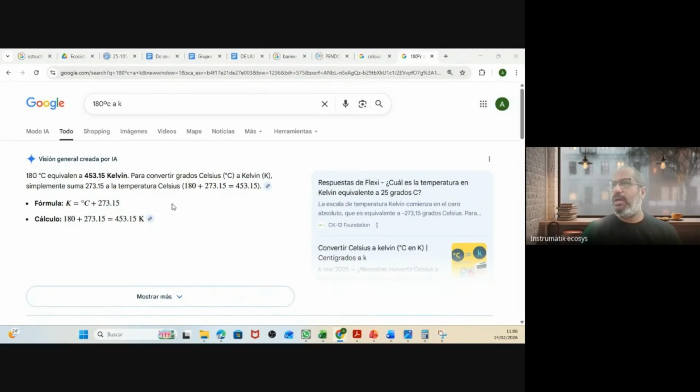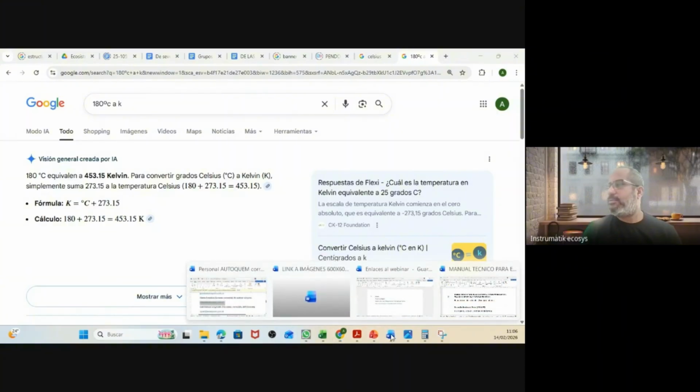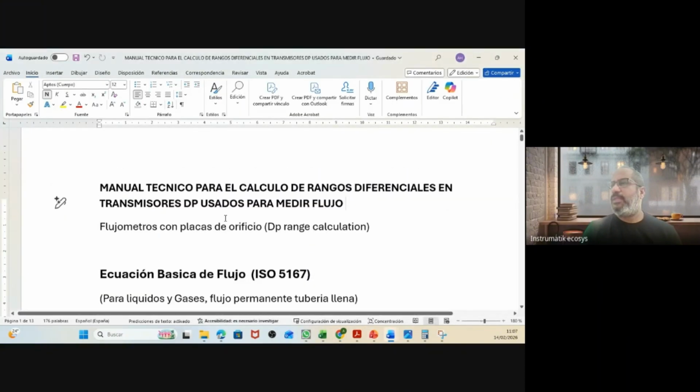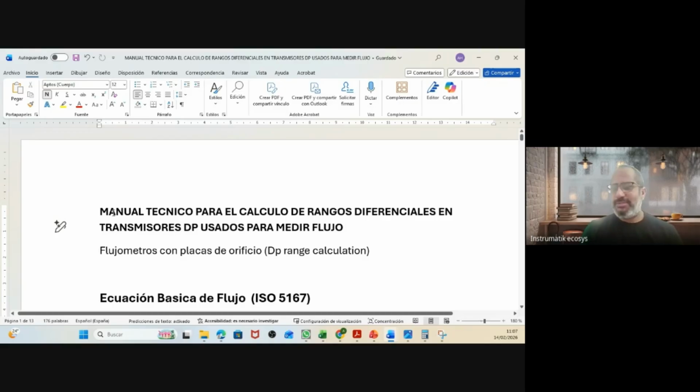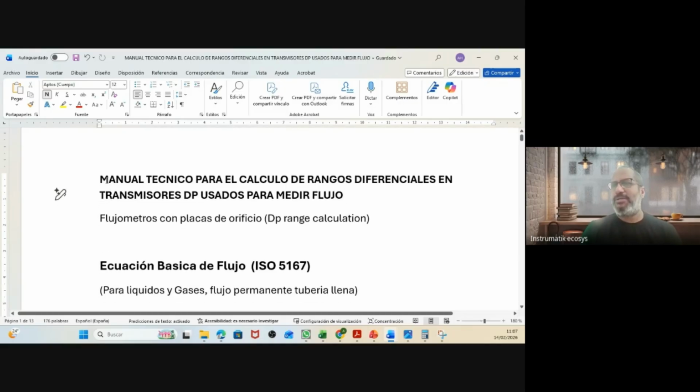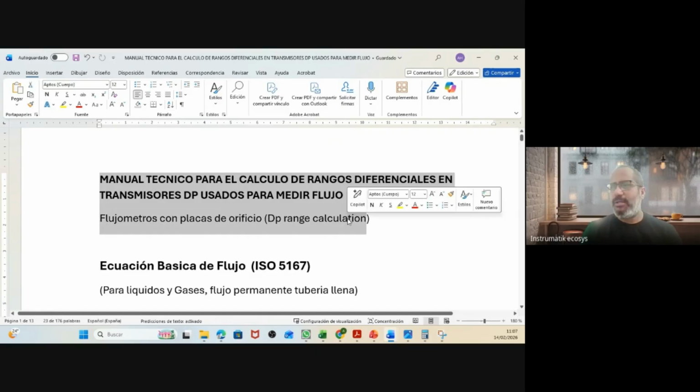Okay, let me go to here. This is in Spanish. No problem. Don't worry about this because then I can share this with you in English. But let's go essentially to the step-by-step way to get to the DP ranges. Okay.